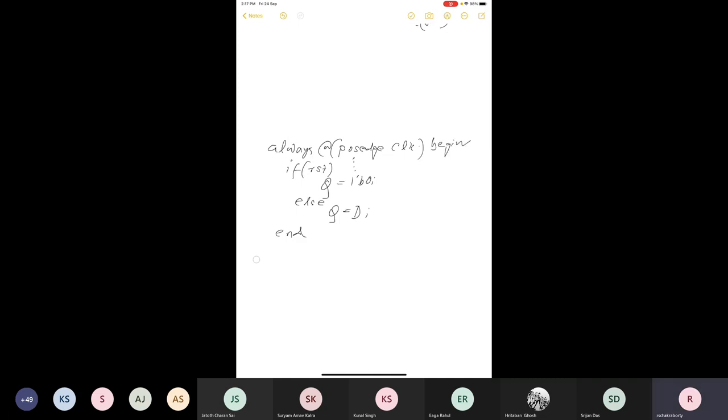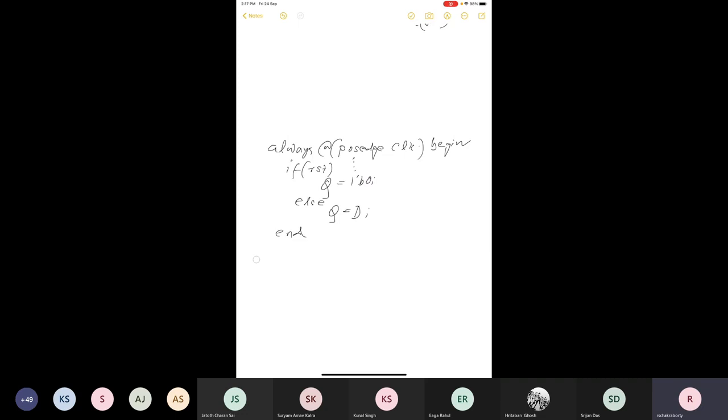So you might ask, sir, in the last class you said use non-blocking assignment. Why are you using blocking assignment here? Is this wrong or is this okay? In this context, this piece of code is correct because if you look at the structure of the always block and the if-else block, there are no multiple statements corresponding to the if clause and the else clause.